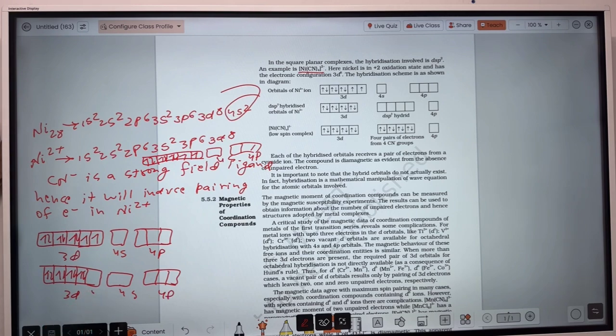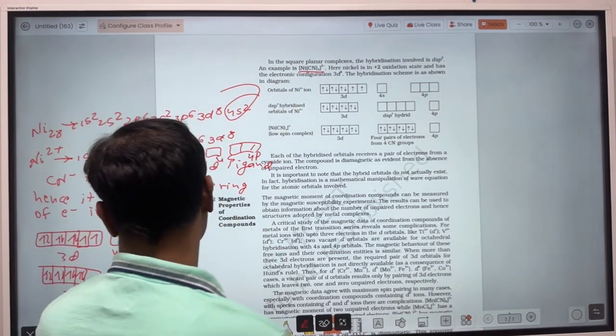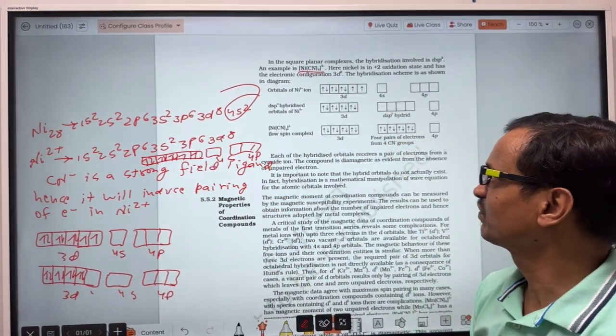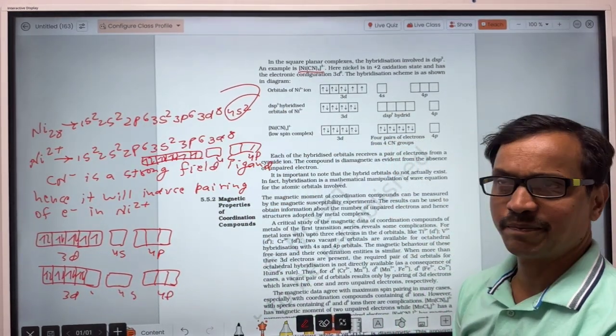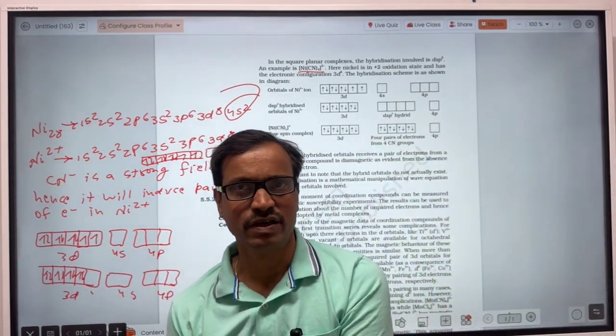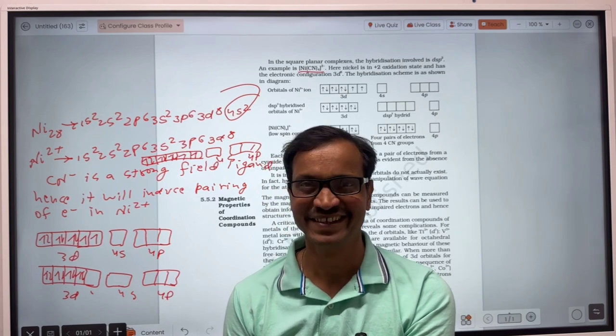Here the coordination number is 4. That means Ni2 plus will have to form 4 sigma bonds. To form 4 sigma bonds, 4 hybrid orbitals will be required.